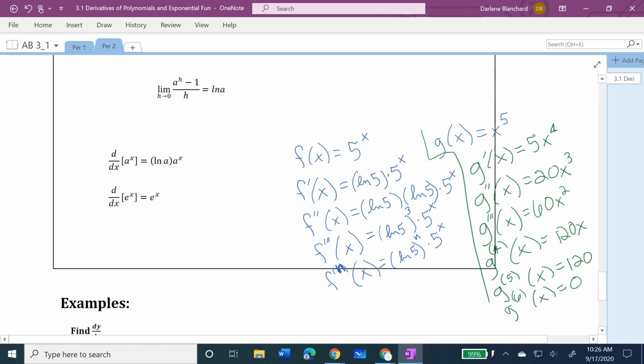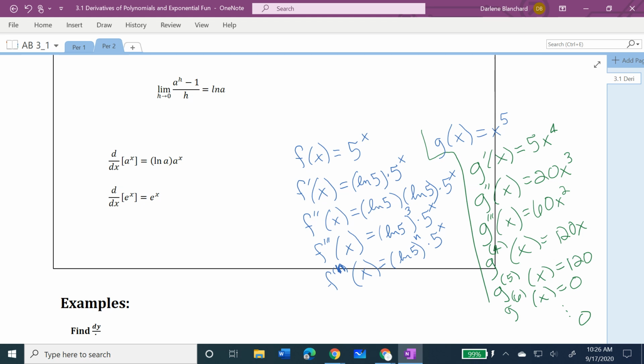And what are the derivatives from then on? 0. Take that, polynomials.